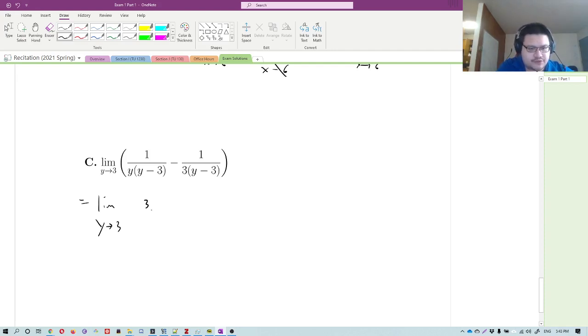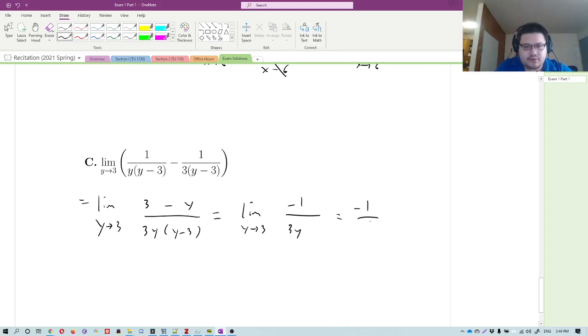Do I want to show extra steps? Let's not do that. Let's just write it. So 3 from this numerator, y from this numerator, and then we combine the fractions. The common denominator is 3y times y minus 3. Then notice that this is just the negative of this, so this simplifies algebraically to minus 1 over 3y, which is then negative 1 over 9. So we have that as our answer.